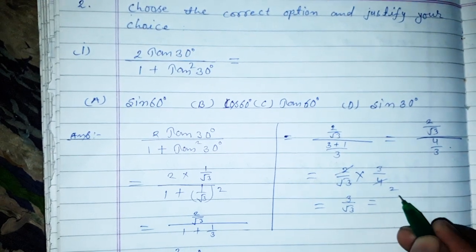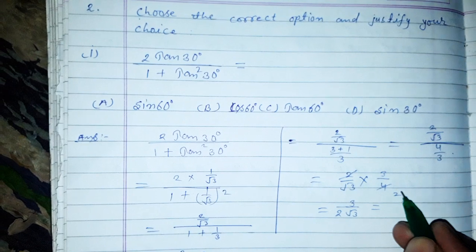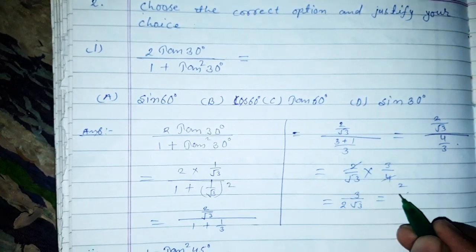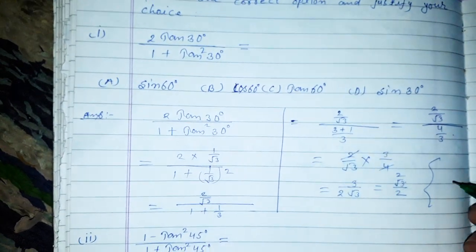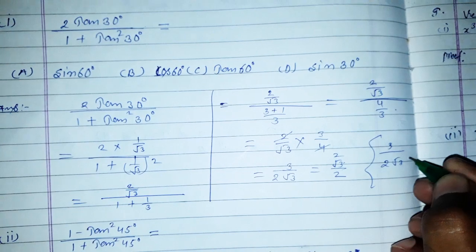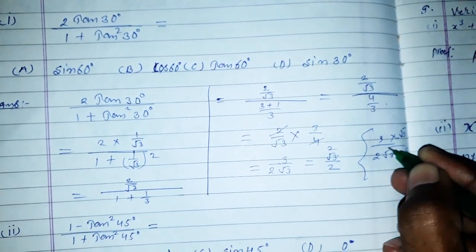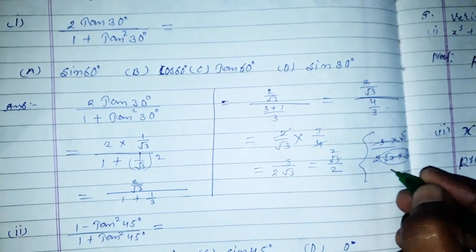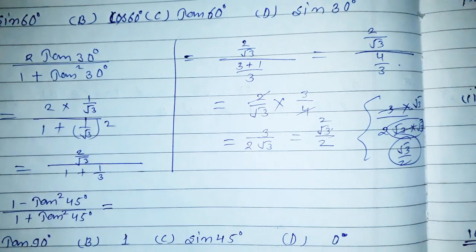So this value is 2 root 3, so this value is root 3 upon 2, because here 3 upon 2 root 3, rationalize root 3 into root 3. So this value is 3. So this value cancels. So root 3 upon 2.